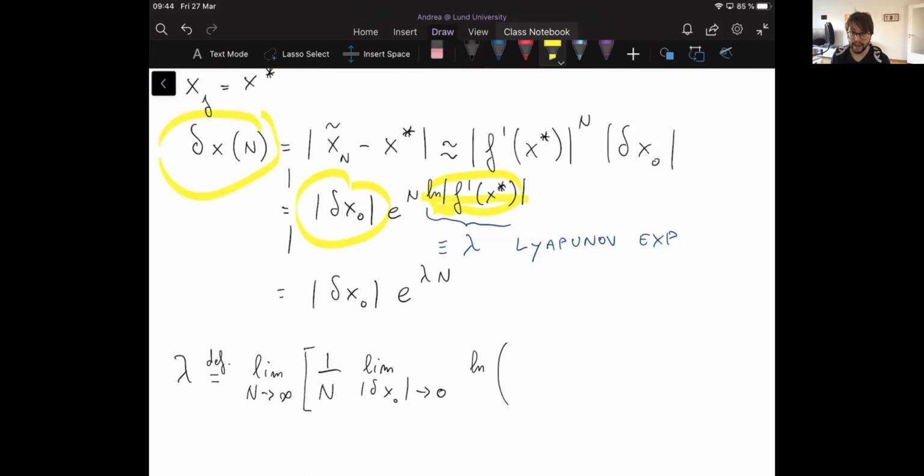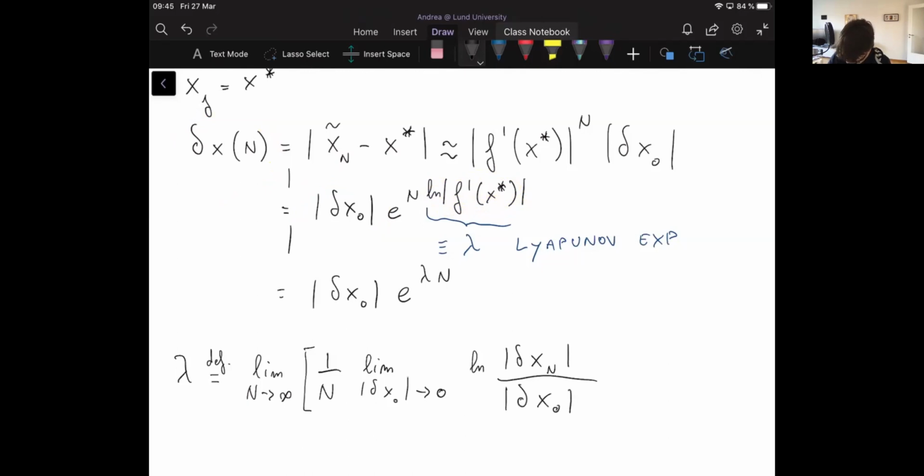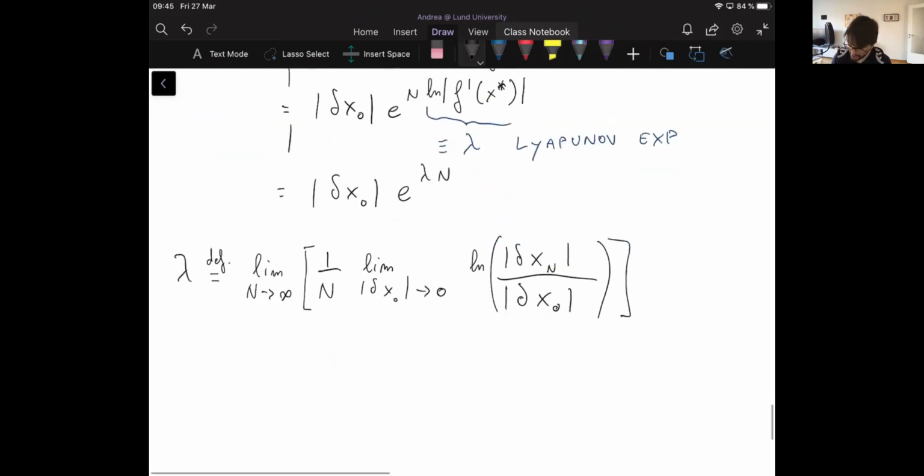In this way, it's better to calculate it numerically because I have this simple recipe that can be numerically applied. Then the stability of this recipe is another deal. The computational stability of this recipe is not trivial, but it's way more stable to calculate it as a ratio of this delta x. And this is like this.